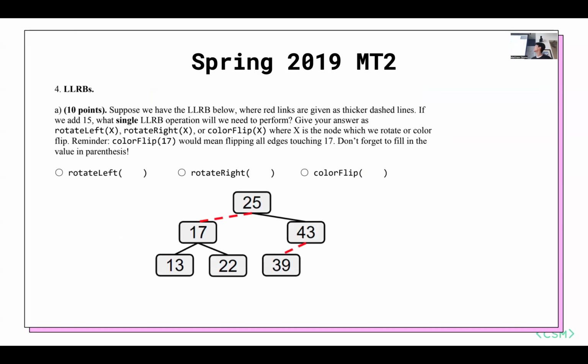Okay. We have a practice midterm question from spring 2019. We're trying to add 15 to this tree. But when we add 15 to a tree, it's not valid. So how do we make it valid?